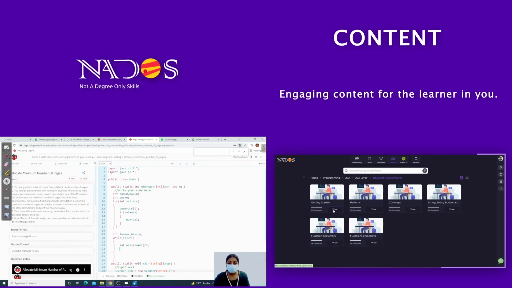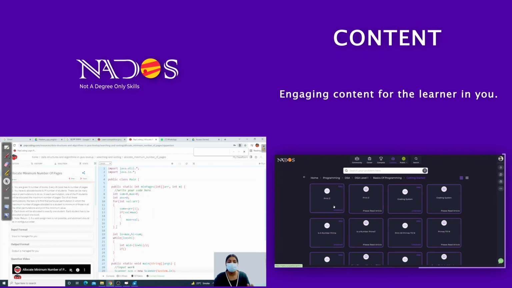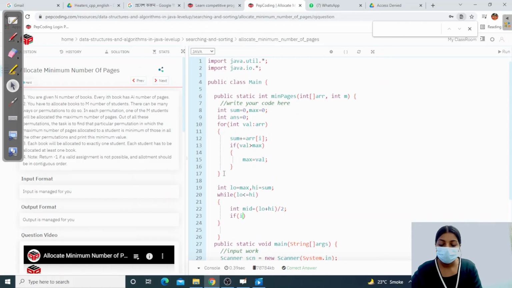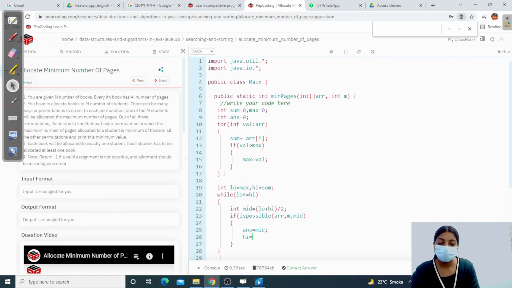All right, now I'm going to check, because this mid of mine is going to be my load, if it is possible to distribute these n books among m students by keeping a load of mid. If it's possible, then update my answer to my mid and reduce my load, so high is going to be equal to my mid minus 1.